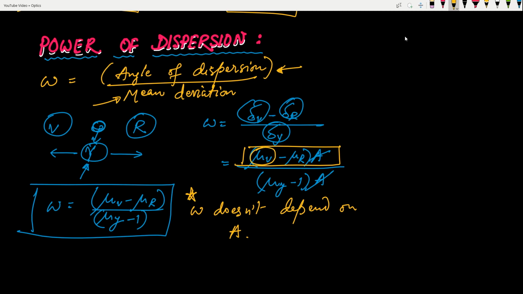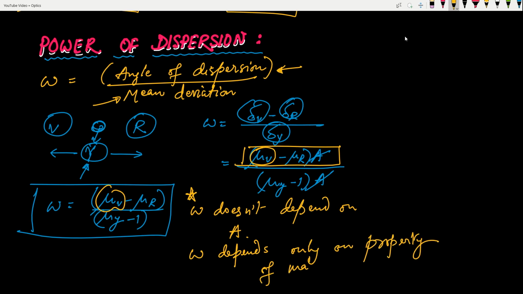But when it comes to power of dispersion, always remember that it doesn't depend on angle of prism. It only depends on the refractive index of the medium, or the nature of the material used. So omega depends only on the property of the material. This is very important, and they can ask you these questions in objective exams, so you need to be careful.